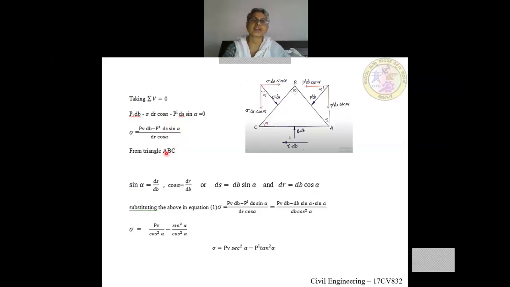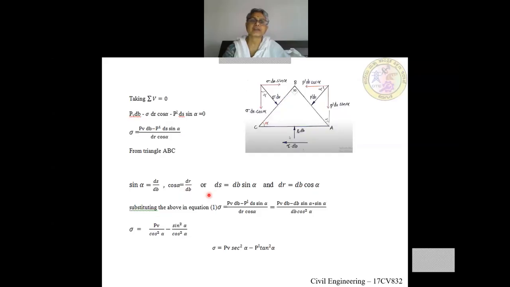Okay, this expression you will get by simplification of this equation. Then from the triangle ABC, you can see that sine alpha is opposite side by hypotenuse, AB divided by AC. AB is nothing but length ds, ds divided by dB. Similarly, cos alpha is adjacent side, this length is dr, dr divided by hypotenuse dB.